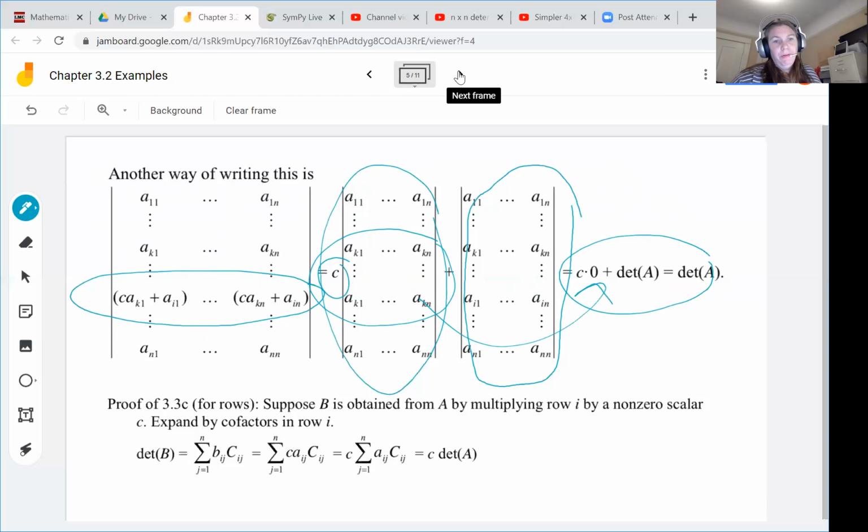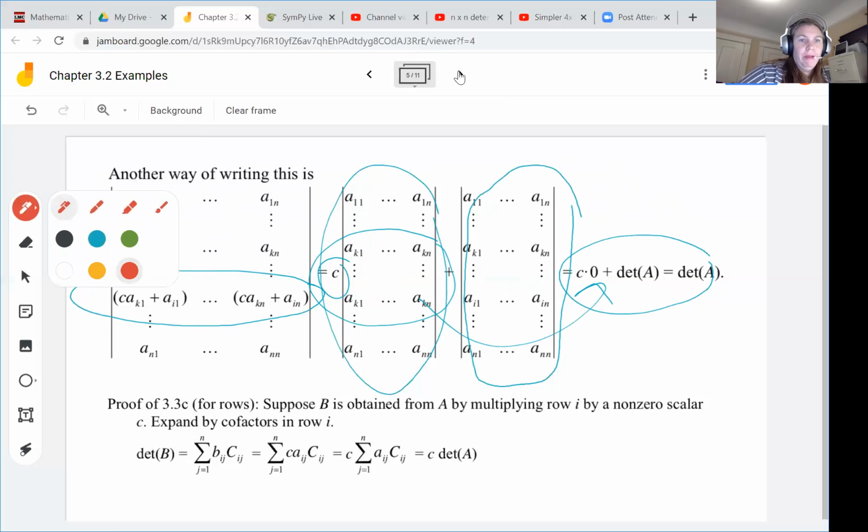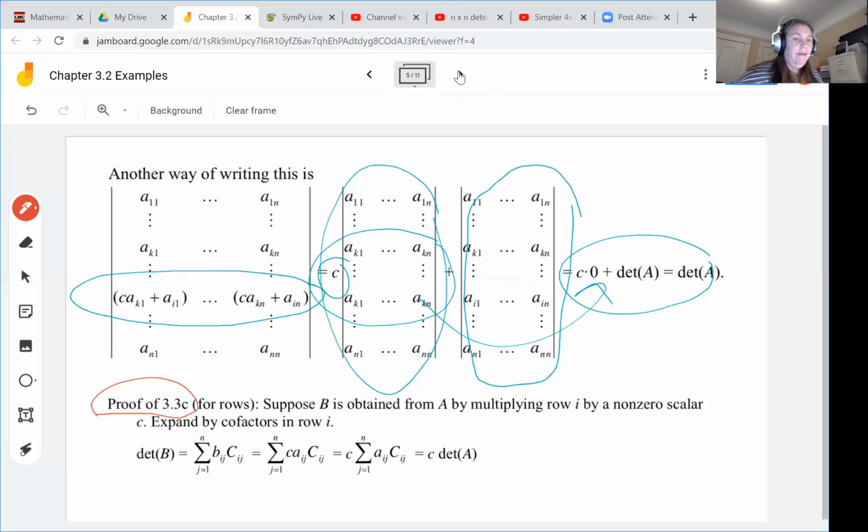All right, let's look at the proof of 3.3 part C, and we'll do it for rows, and you'll see we could do the same argument for columns, just reverse our indices.